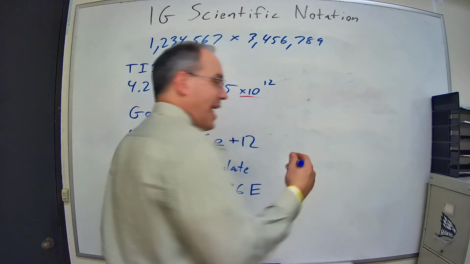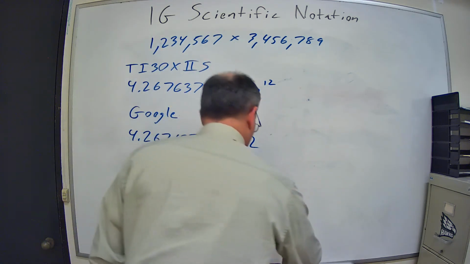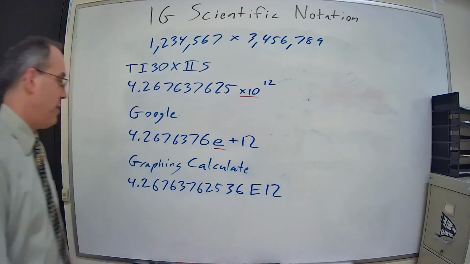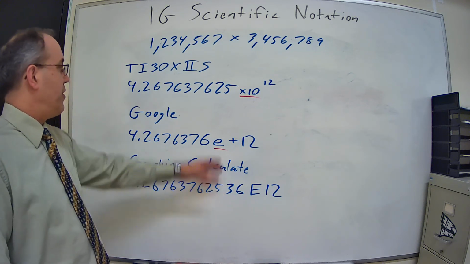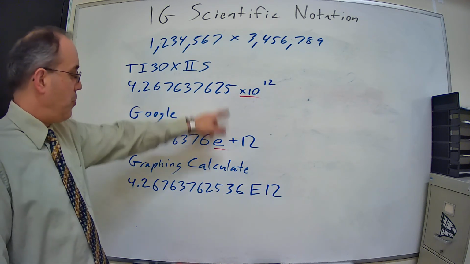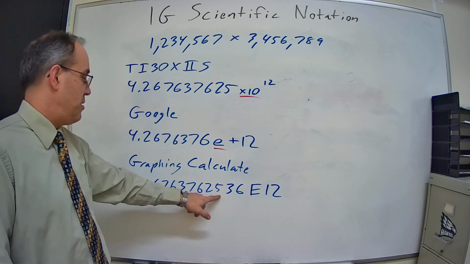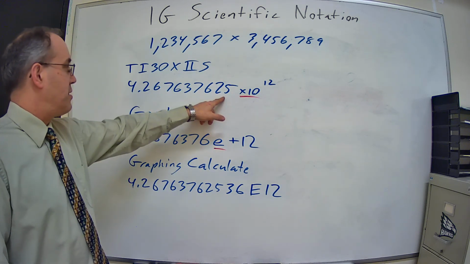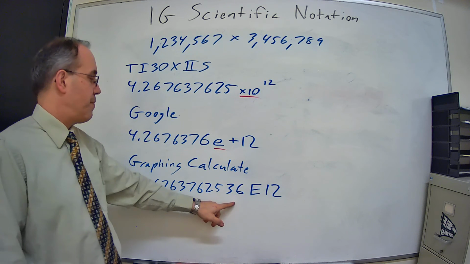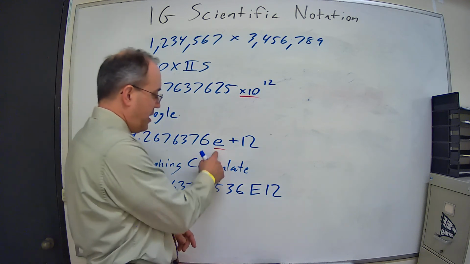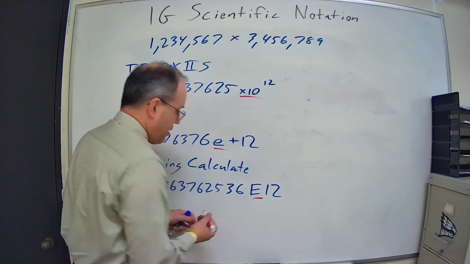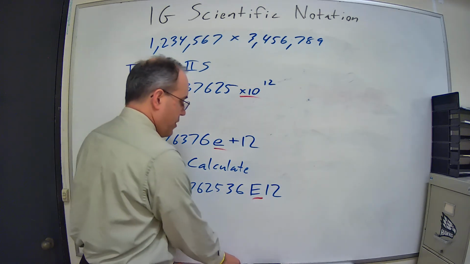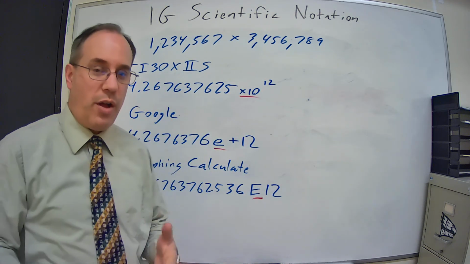And then I get a capital E, 12. So that graphing calculator actually took me out a couple more decimal places than the Texas Instruments calculator did. And then it used an E again. Look, see, it used it, but it used a capital E. And then the 12, telling me the exponent is 12.